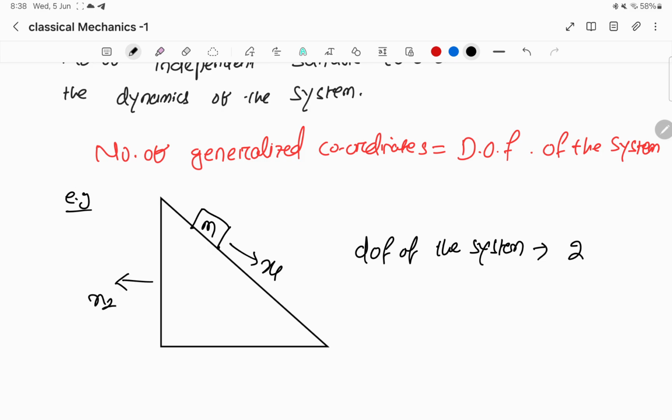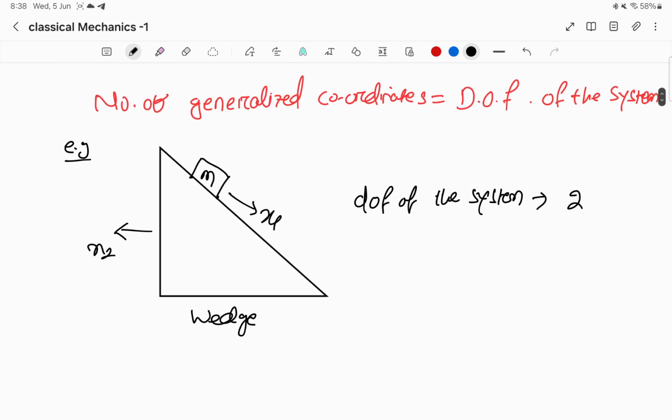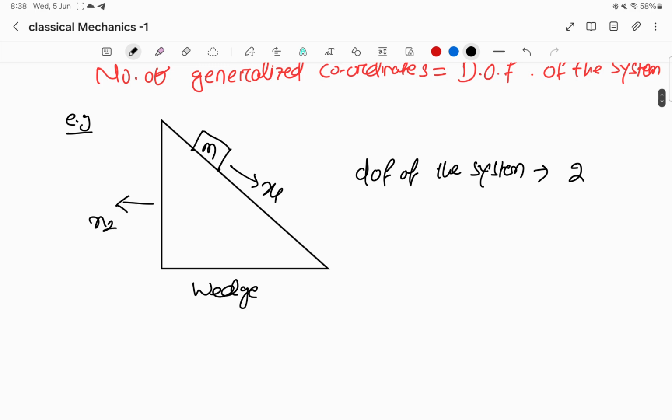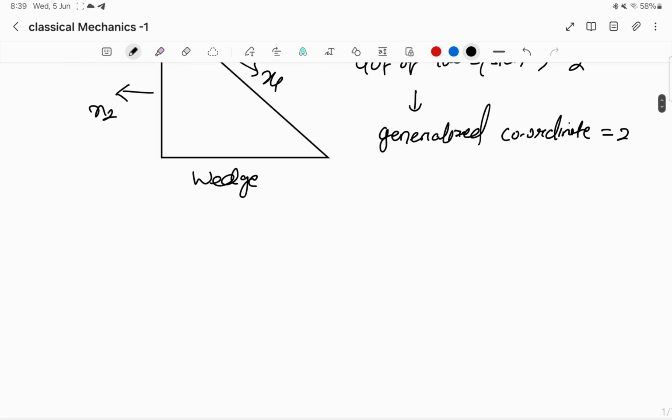This one is the wedge. You might have learned this in your 12th or BSc, and you might have seen such a figure in many places. So we have two generalized coordinates, as we have 2 degrees of freedom. So the number of generalized coordinates for this particular case is 2. Clear? Then come to your generalized velocity.